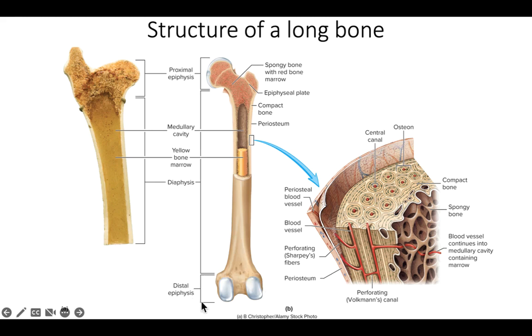Here is the distal epiphysis. And typically the epiphyses are going to have cartilage. Notice that this contains some cartilage to protect it, and then down here, this light blue is cartilage to protect that distal end. And if you recall, this cartilage is hyaline cartilage that protects the ends of long bones.